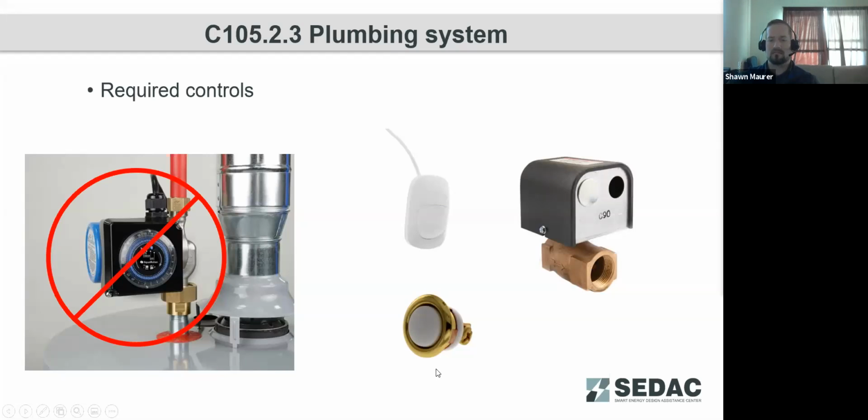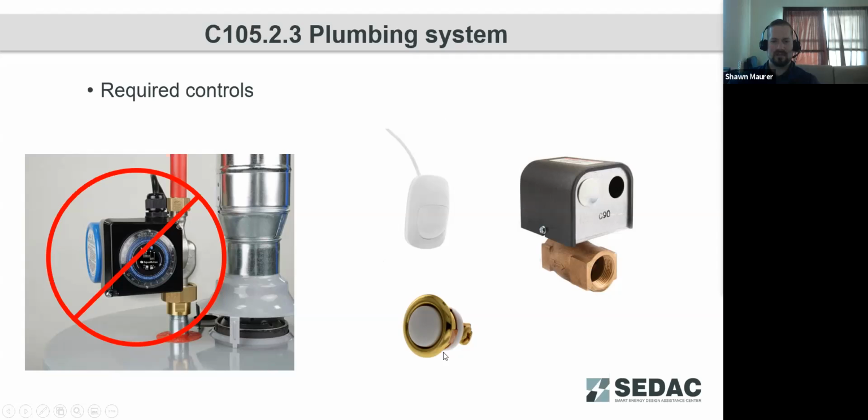For a demand recirculation loop, you may have different sensors in a restroom or kitchen, wherever your hot water service is being supplied to. It could be as simple as a low voltage push button, or you could have an occupancy sensor in, say, a restroom. Someone's walked in, there's going to be a hot water demand. Go ahead and start that circulation pump up and make sure that hot water is readily available for the occupant in that restroom.